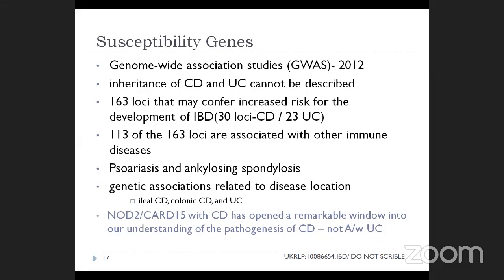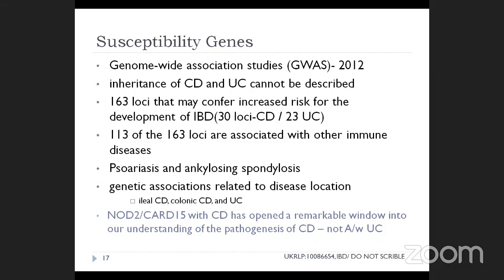They were not able to describe a Mendelian inheritance of susceptible genes in the patients who had IBD. However, they found that 163 loci related to IBD were identified, of which 113 loci were associated with other immune disorders, and the most common associated immune disorders were psoriasis and ankylosing spondylitis.